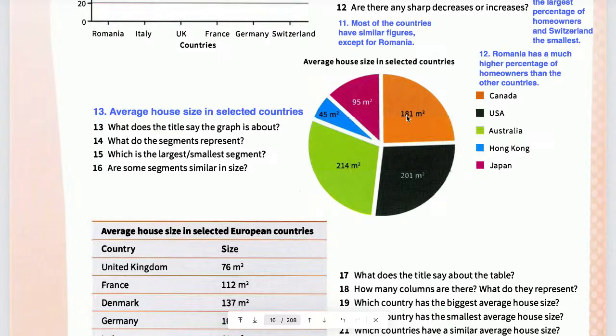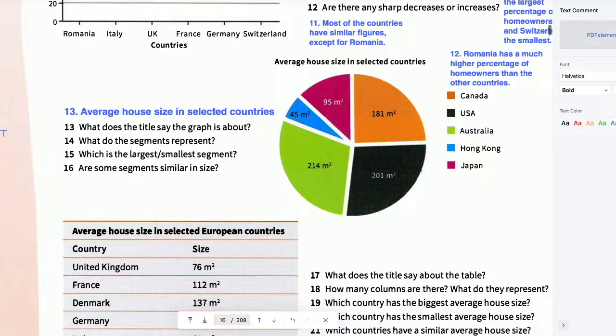And you can also see they mentioned some numbers here, right? 181 square meters, things like that. So that is the average house size in that particular country. So for number 14, what do the segments represent? You can simply write different countries. That means the average house size in different countries. Just to have an idea of what it is.